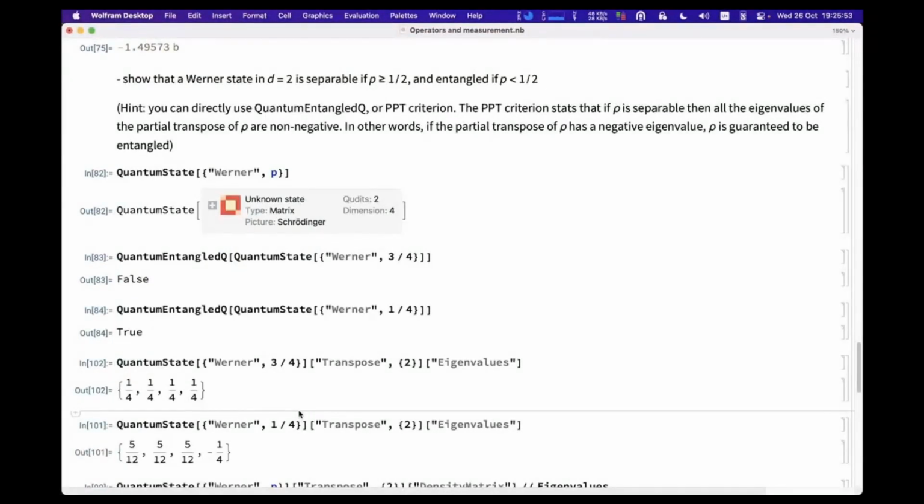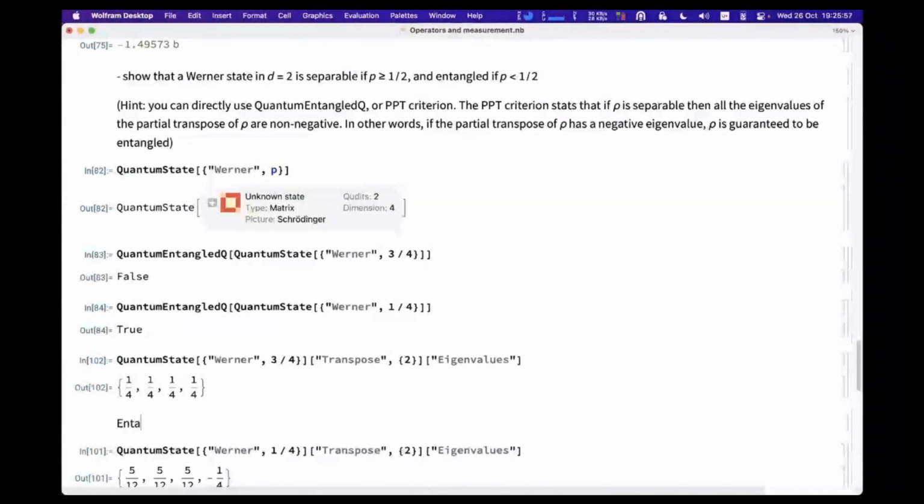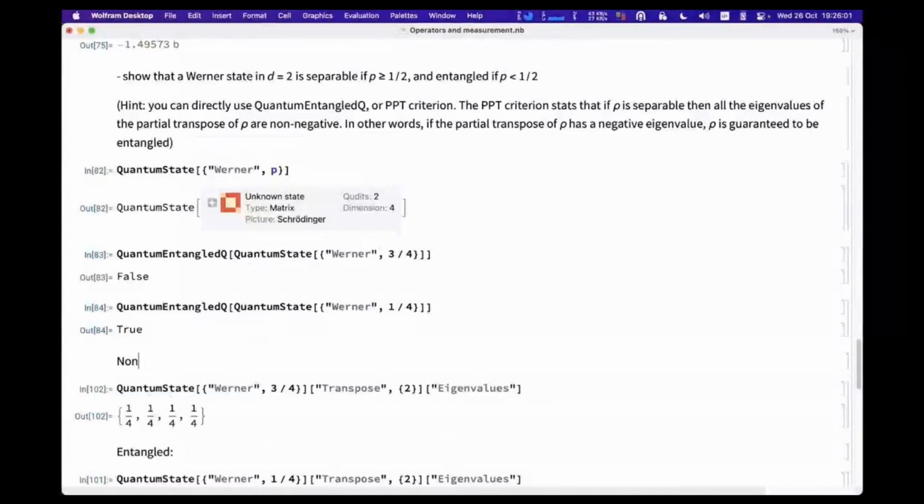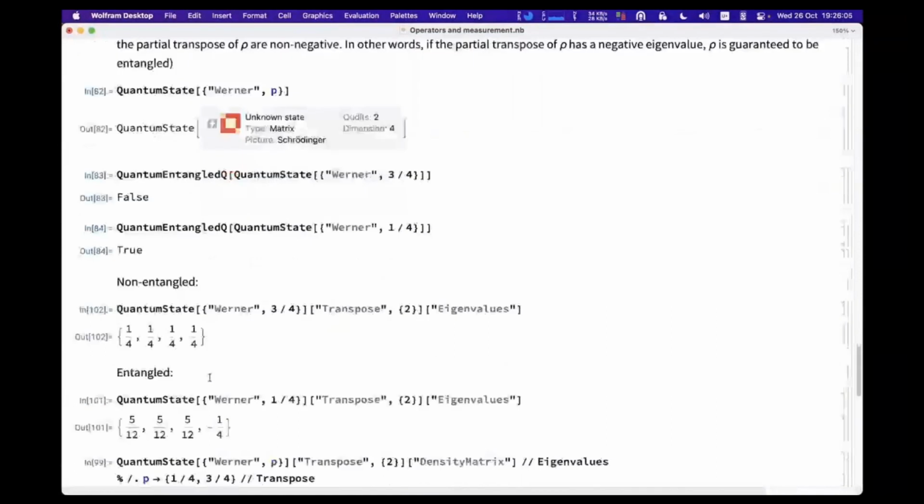One more time, guys, remember, it's not a sufficient condition, so you cannot go in reverse. You cannot say that this is a criterion I can use to tell whether a state is entangled or not. It is a necessary and sufficient condition when the dimension is 2 and 3, but in higher dimensions it's not enough.